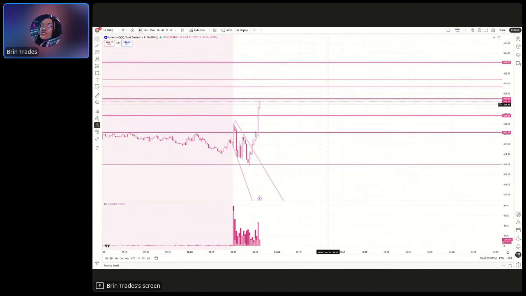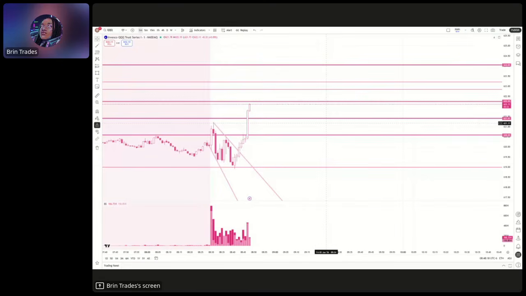Currently up 17%. Up 20%. Back down to 14%.